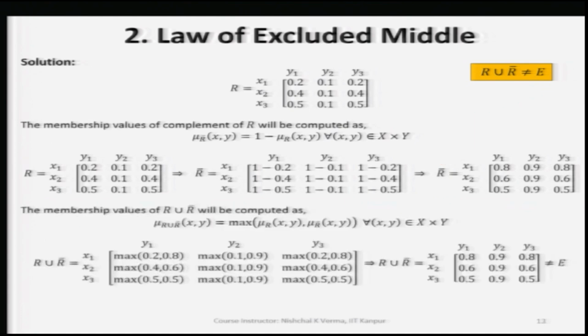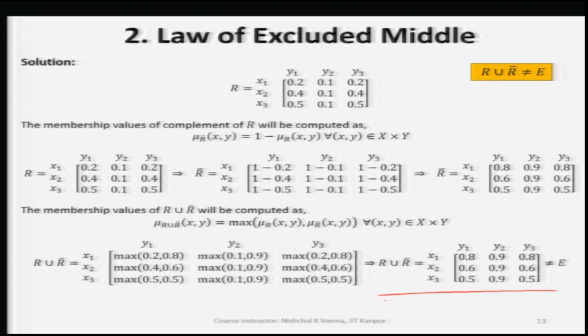Now, when we take the max of the corresponding membership values, so we use the basic union criteria, we are getting a fuzzy relation matrix, and we see that this is not equal to E. What does this mean?